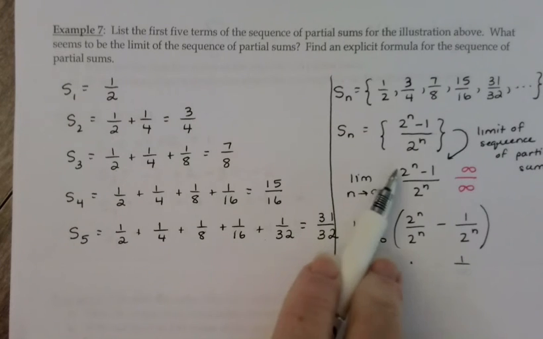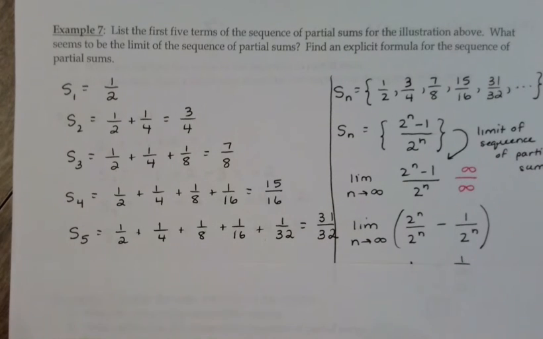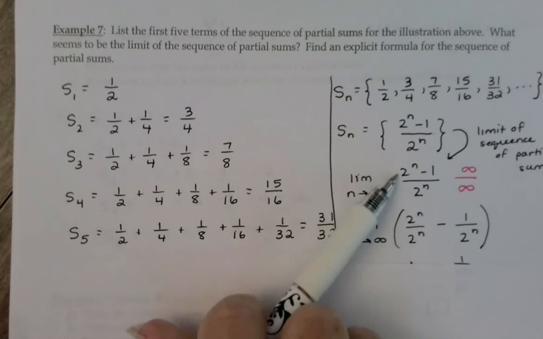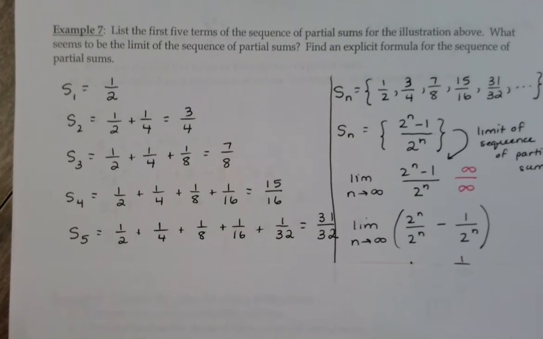And since I was able to write a formula for it, I can use math that we already know. As n goes to infinity, this is certainly an infinity over infinity case. L'Hopital's rule not so useful here because the derivatives of the 2 to the n's is just going to keep having 2 to the n's in them. So instead, I'm going to use the idea of breaking this fraction into 2 parts. 2 to the n over 2 to the n minus 1 over 2 to the n.